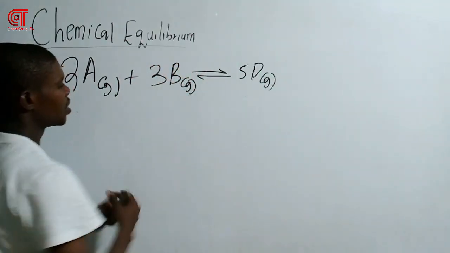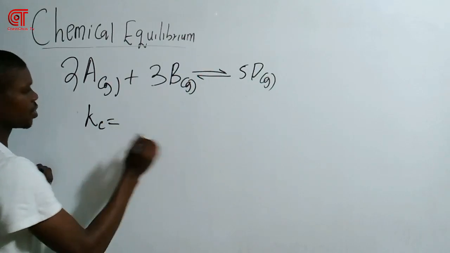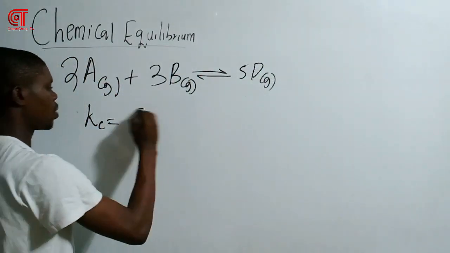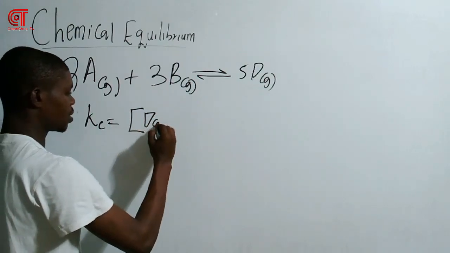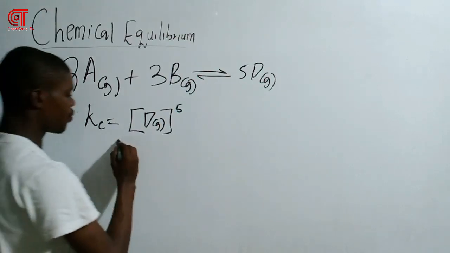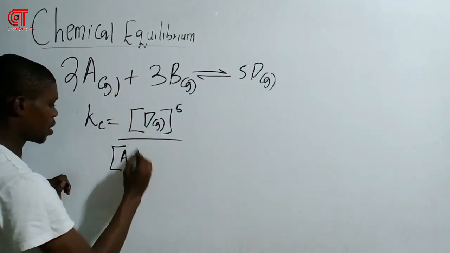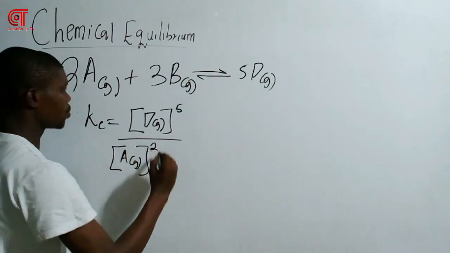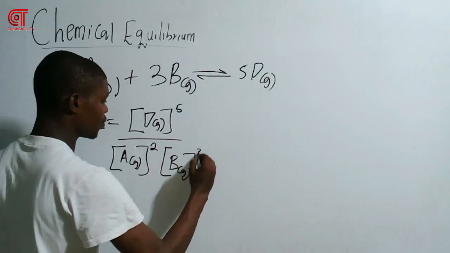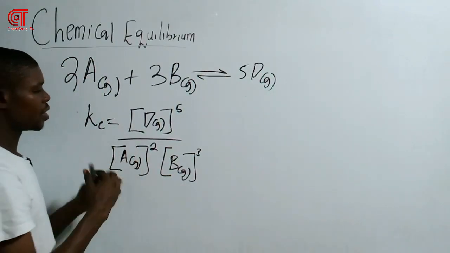To write the Kc expression, Kc equals, we only have one product, which is D. So I would say concentration of D raised to 5, over concentration of A raised to 2, times concentration of B raised to 3. You can see how easy it is to write the equilibrium constant expression.